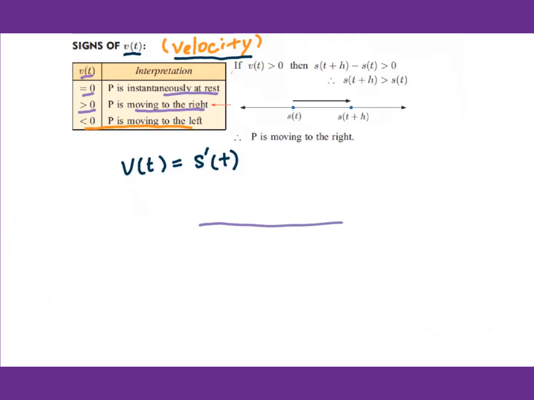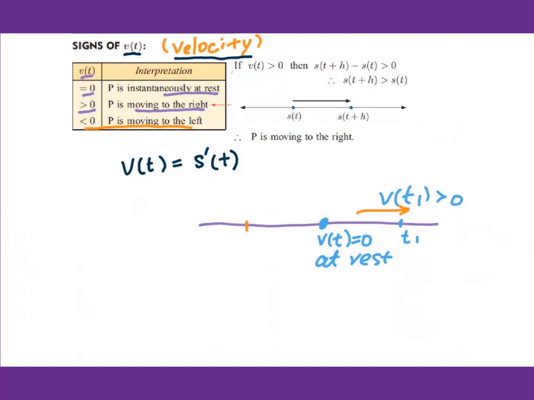The diagram for this v of t equals 0. That means its velocity equals 0, which means at rest. If it's positive, for example, here's t1, we have v of t1 greater than 0, which means moving to the right.